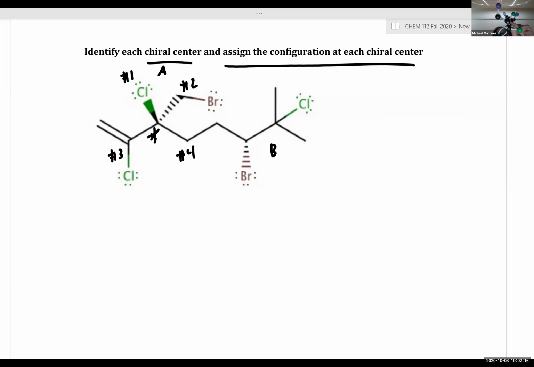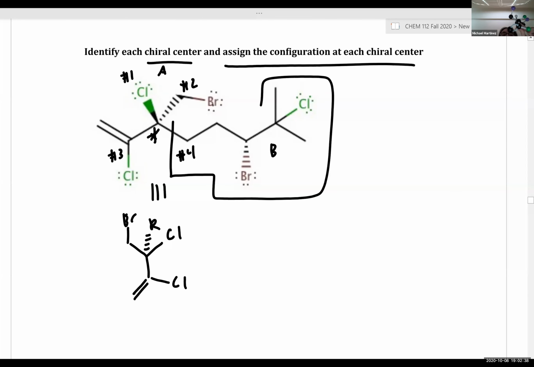And now we're going to draw what we see. So I have my alkyl bromide, I have my chloride, and I have my vinyl chloride. And then in the back, I have the rest of my chain that I'm just going to call R. I'm going to call this entire thing R. Does everyone see how I did that?